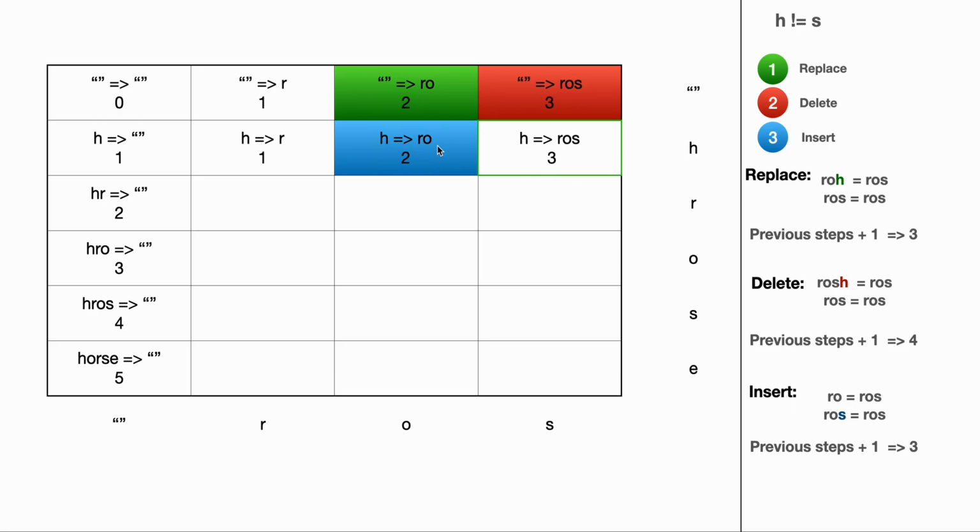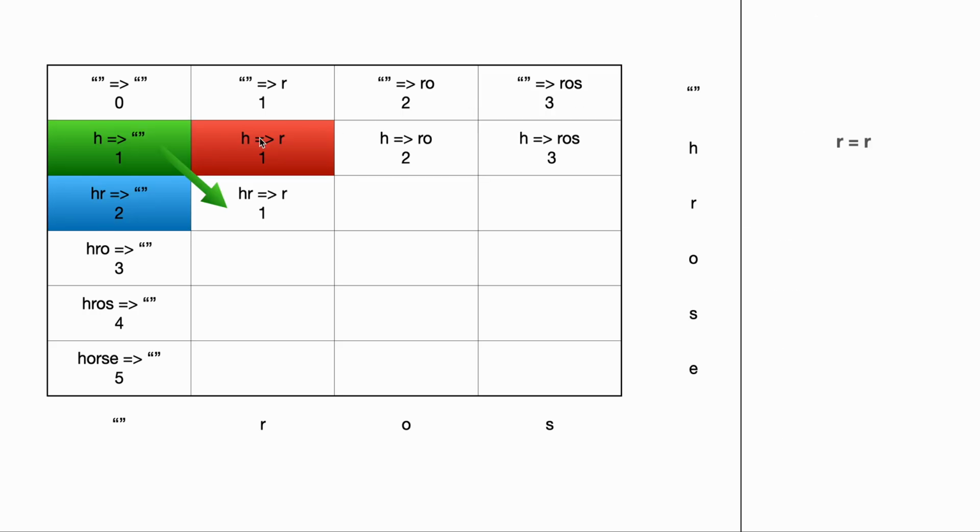And in the insert operation there is a string ro, so we need to insert an s into it so that it will become equal, and we need to find the minimum of these three and add 1 to it. Next, here the r is equal to r, so we can just copy this green one, because no step is required to convert this r into r.